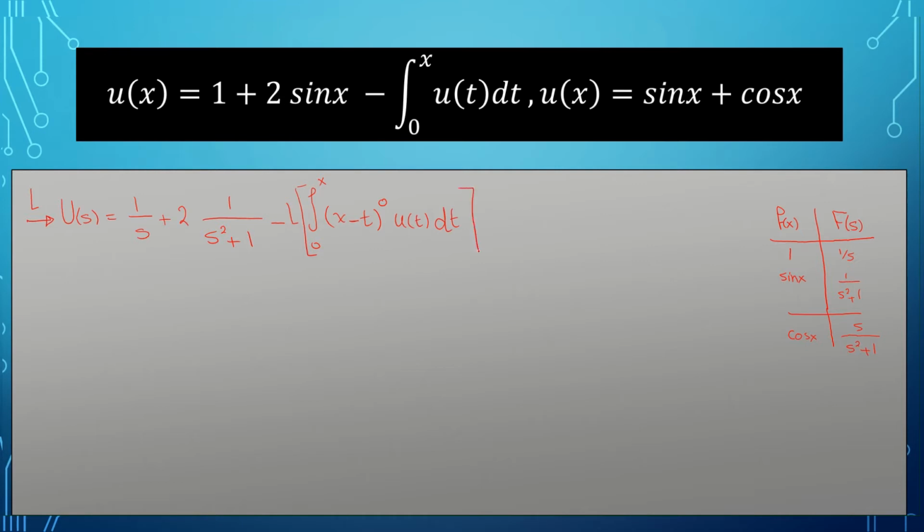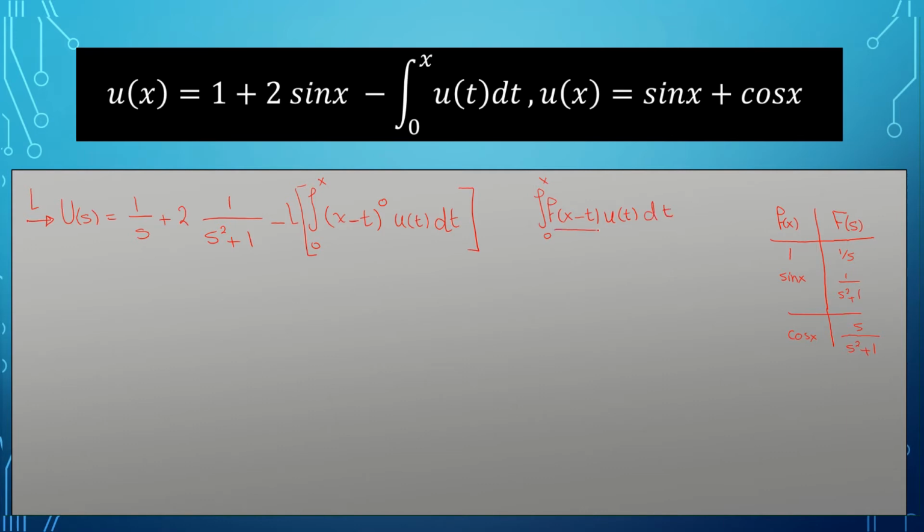When I write it this way, I am writing it in the form of a convolution. It's as if there is a function (x minus t) raised to 0, which can be written as f(x minus t), multiplied by u(t) inside this integration.